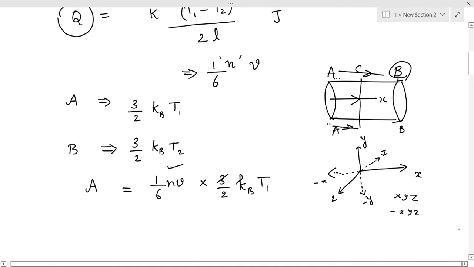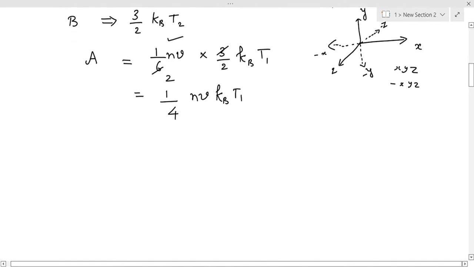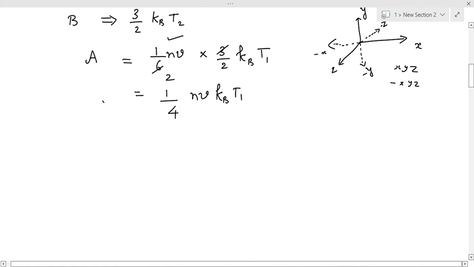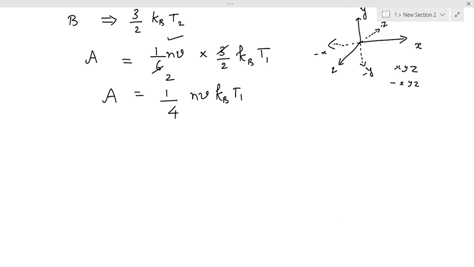Cancelling 3 and 6 with twice, I am rewriting this formula as 1 by 4 nv kB T1. So this is the excess energy taken by the free electrons from hot end towards cold end per unit time, per unit area of cross section through C.